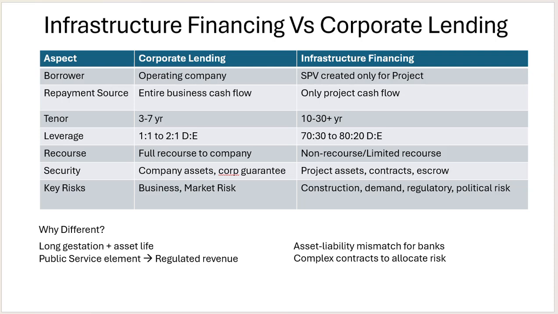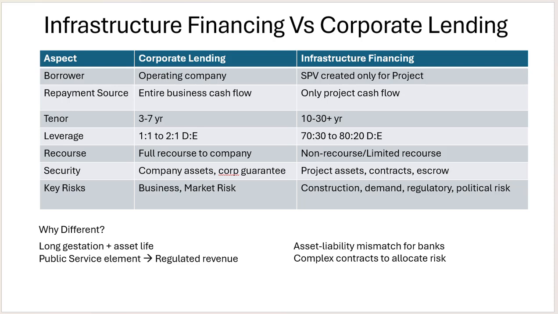It's typically 1:1 or 2:1 debt to equity, so the debt portion is 50% or up to 70% in corporate financing. But it's totally different in infrastructure financing, where it is a 70-30 or 80-20 debt to equity ratio.